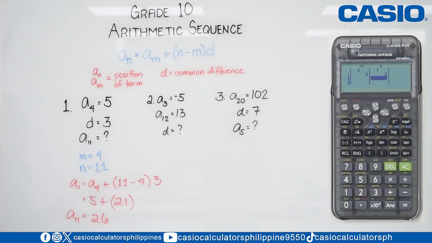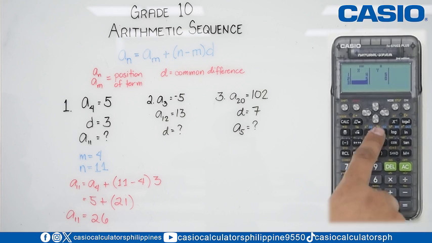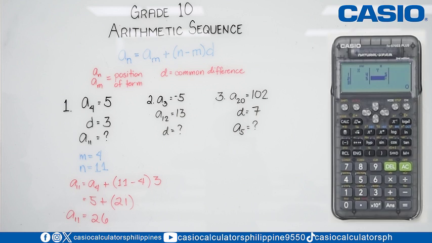Next, we provide the next value, which is a of 5. Since the common difference is 3, we simply add 3 to get 8. So a of 5 is equal to 8, in accordance with the common difference of 3.